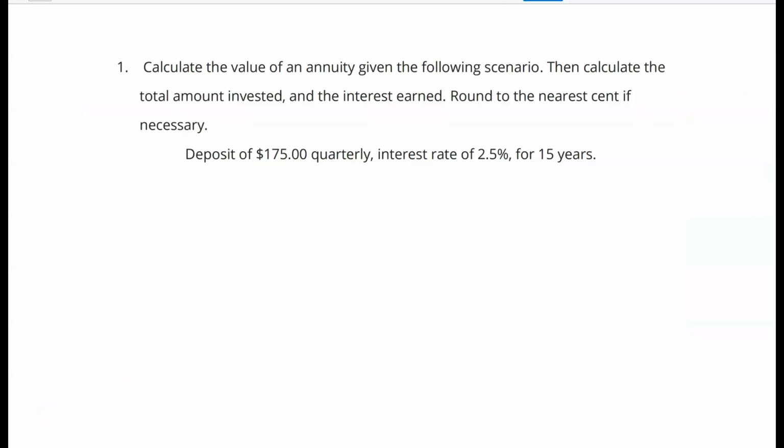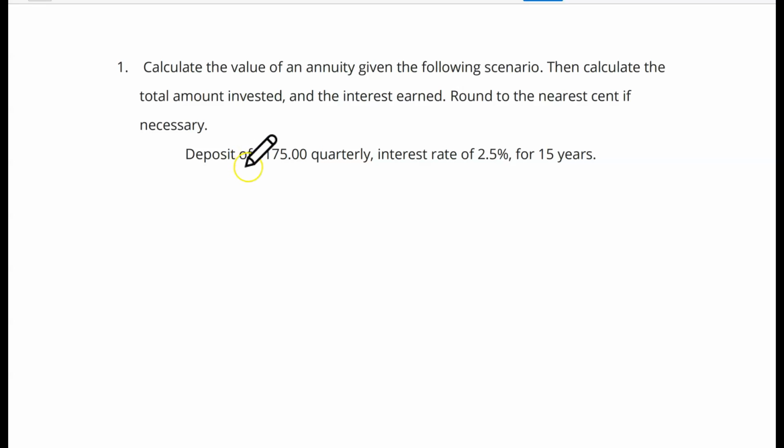Now let us consider this exercise. Calculate the value of an annuity given the following scenario, and then calculate the total amount invested and the interest earned, and then round the answer to the nearest tenth if necessary.